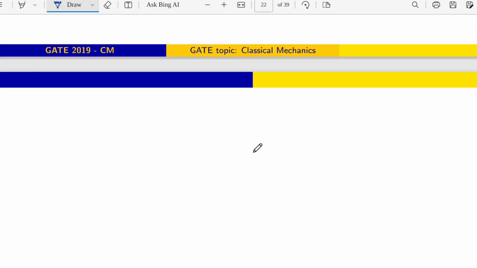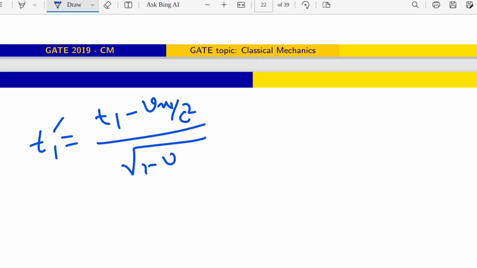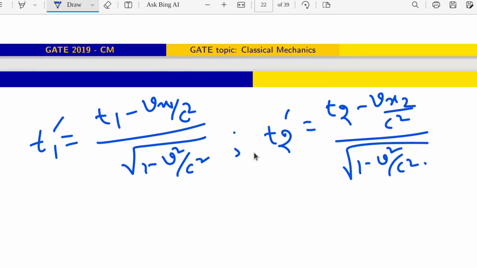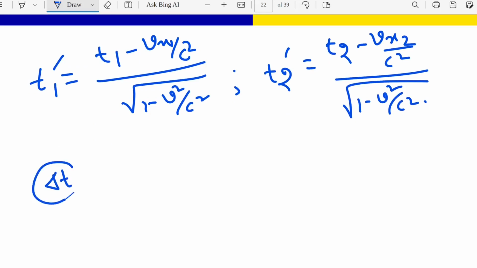First of all, we will write the relativity expressions for T1 and T2. You all know that T1 prime is (T1 minus V x1 by c square) divided by the square root of 1 minus v square by c square. Similarly, T2 prime is (T2 minus V x2 by c square) divided by the square root of 1 minus v square by c square. Now in the question they are asking about delta T, which means T2 minus T1.